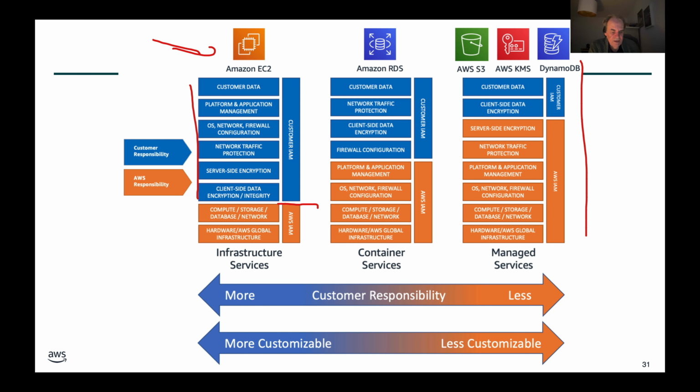So we can see here the customer is responsible for patching, OS updates, firewalling, and server-side encryption, and obviously the customer data, where if we go over here, then they're only responsible for their own customer data and their data encryption. Everything else is the responsibility, the patching of the system, the firewalling, and the provisioning of the compute power, and so on, is all the responsibility of AWS.